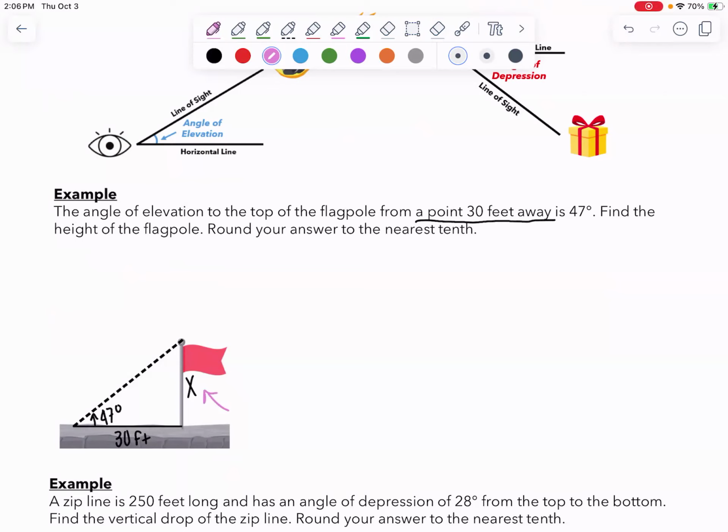In terms of the 47-degree angle, the opposite side is X, and the adjacent side is 30. That means we have opposite and adjacent, which is SOHCAHTOA, the TOA part.